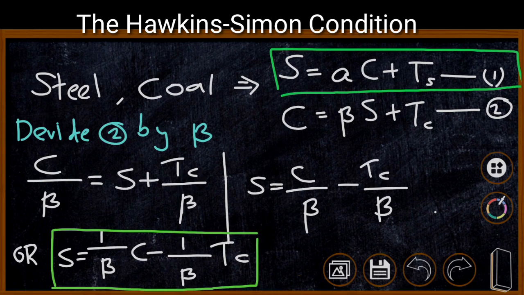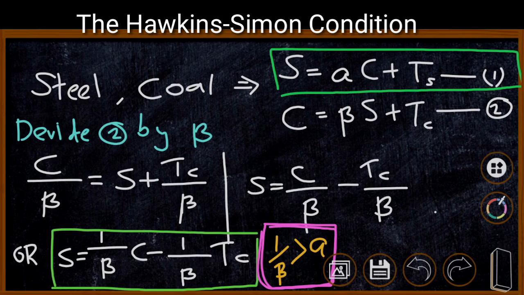Once again, in order to have an intersection at the positive quadrant, the value of 1 by beta must be greater than the value of alpha. 1 by beta is the slope of equation number 3 and alpha is the slope of equation number 1. Therefore, if 1 by beta is greater than alpha, then definitely we will get a solution at the positive quadrant.